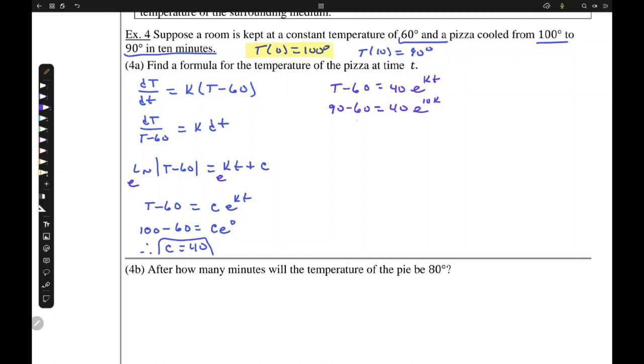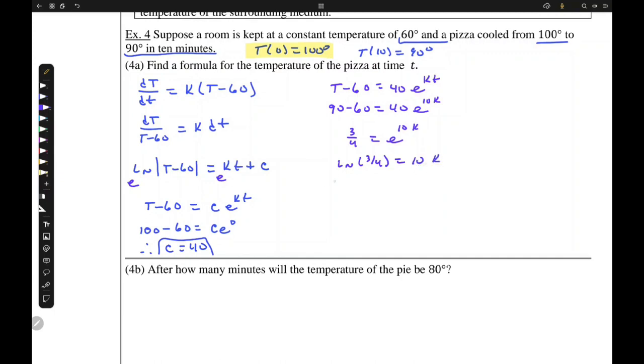90 minus 60 would be 30, and then we're going to divide by 40, excuse me, and so that's going to be 3/4 is equal to e to the 10k. From there, again, we want to take the natural log of both sides, and this is going to become the natural log of 3/4 is equal to 10k.